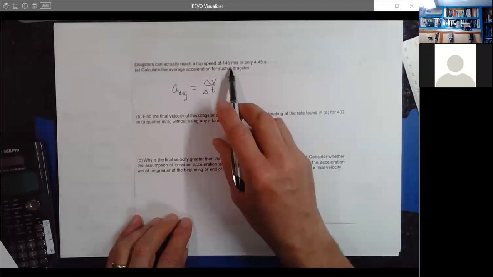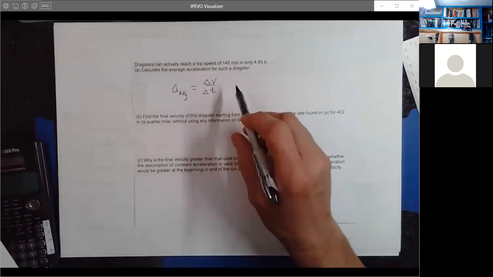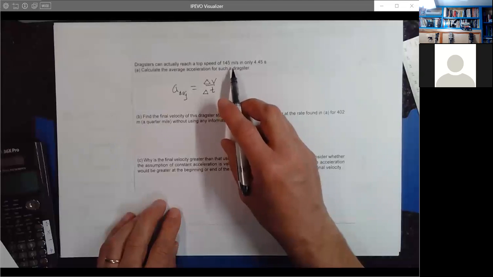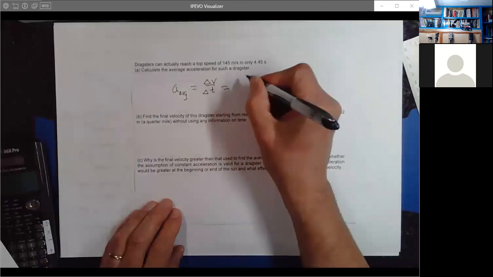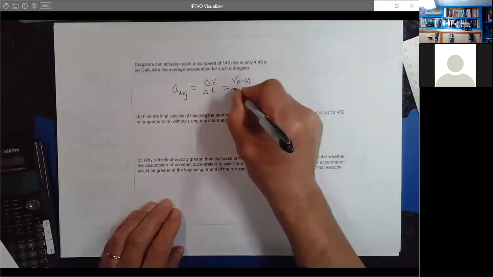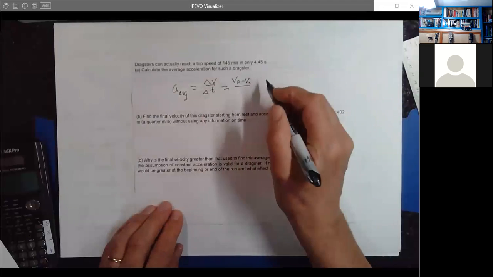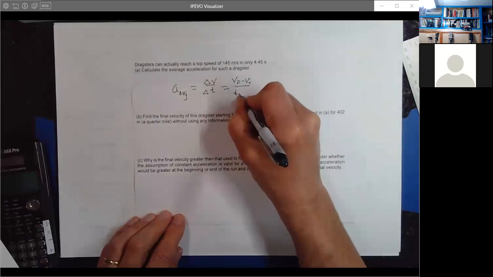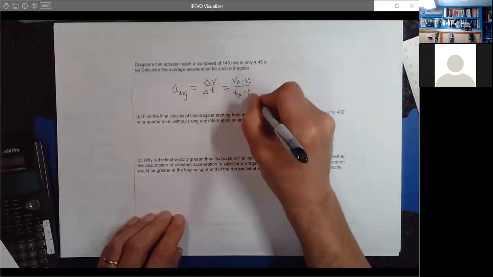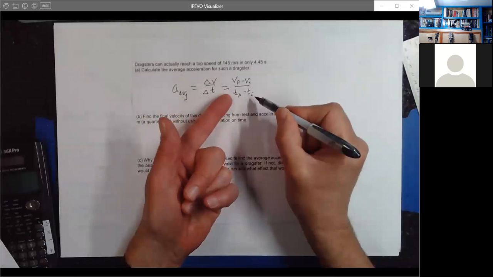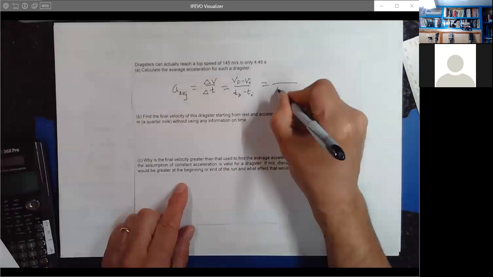The assumption here is, they don't state it, but the dragster starts with a velocity of 0. And so the delta v is going to be v final minus v initial over t final minus t initial. This would be t final. Our t initial in this case is going to be 0, or you could think of t final minus t initial as just the 4.45 seconds. So that'll be what's on the bottom.